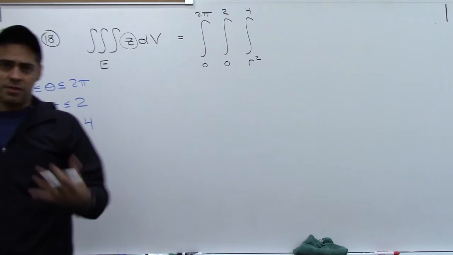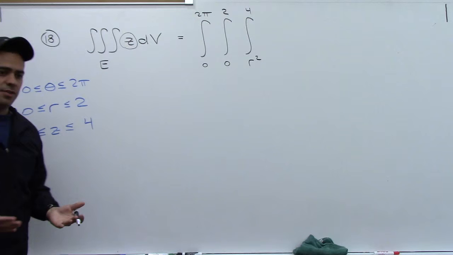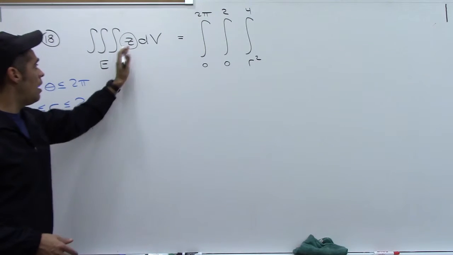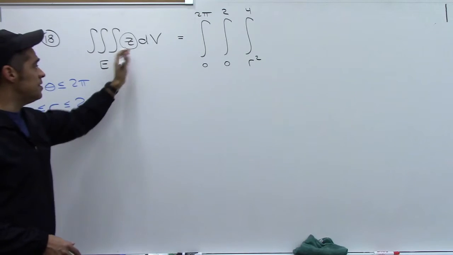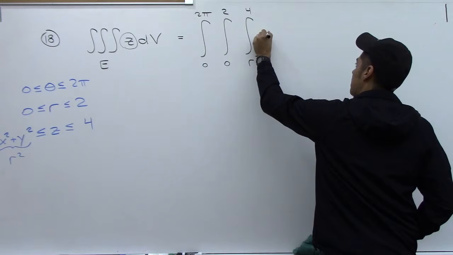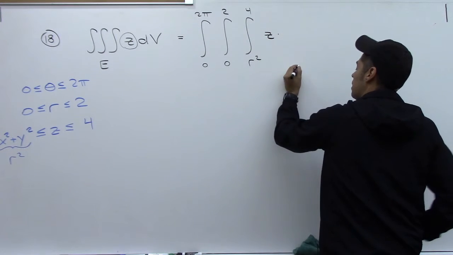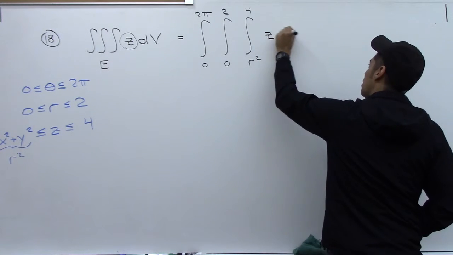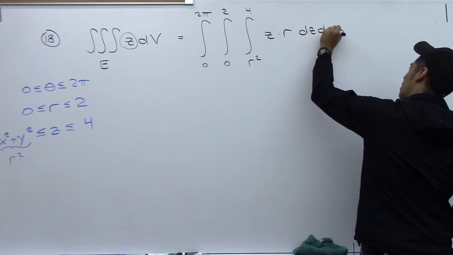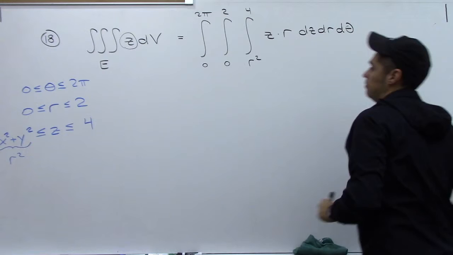You have to remember, for cylindrical coordinates, you don't switch z. If it was x, we would say r cosine theta. If it was y, we would say r sine theta. But if it's z in cylindrical coordinates, it just stays z. So I'm going to leave this as z. But because I'm in cylindrical coordinates, I need an r. And then I can do my dz, dr, d theta.